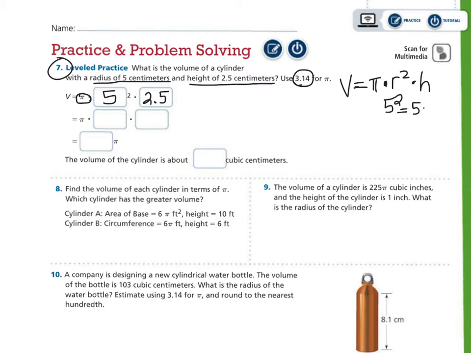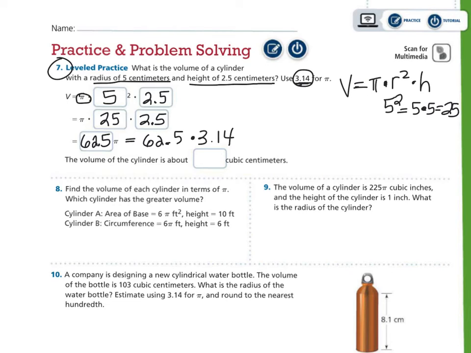Now, 5 squared, remember, means 5 times 5, which is 25. And then we're still going to multiply that by 2.5. In doing that, we get 62.5 times pi. Now, it does tell us to use 3.14 for pi, so we're going to go ahead and multiply that out. 62.5 times 3.14.